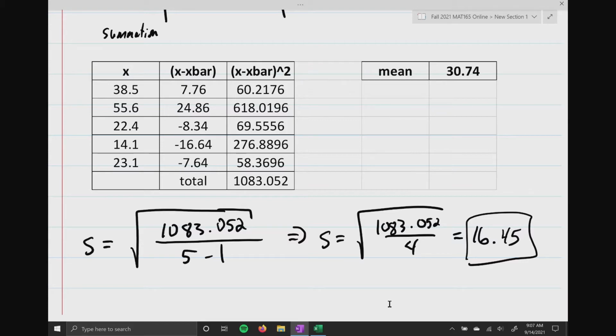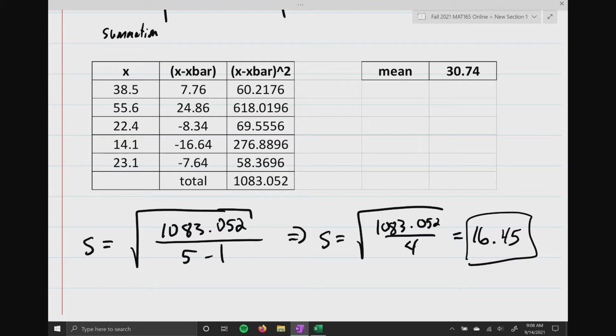It doesn't have to be perfect. In fact, if you think about the standard deviation being a measurement away from the mean, if all of your x values are the same exact number, then your standard deviation is equal to 0, because you're not deviating anywhere away from the mean. All right?